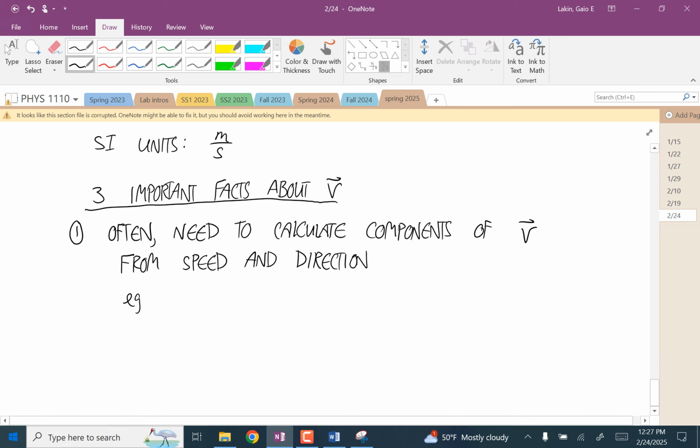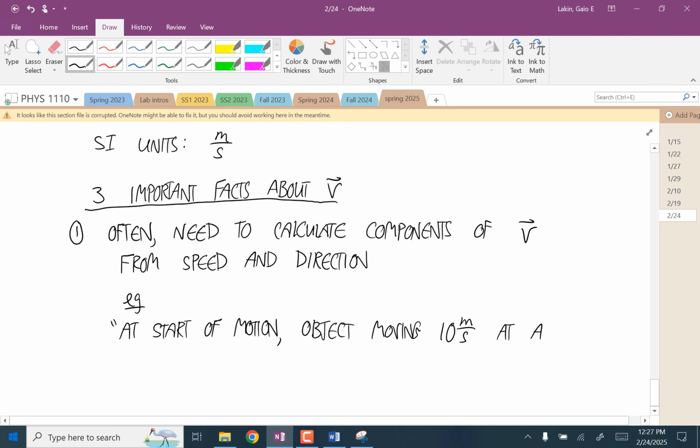So for example, that'll look something like this. A problem might say at the start of the motion, the object is moving 10 meters per second at an angle 30 degrees above the horizontal.